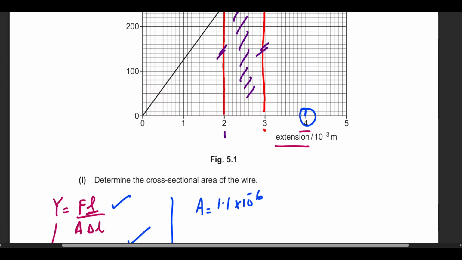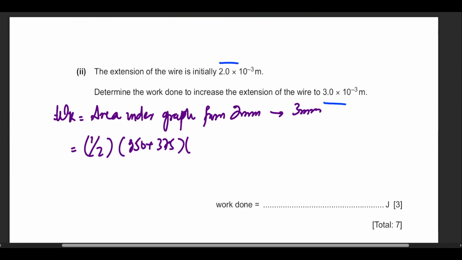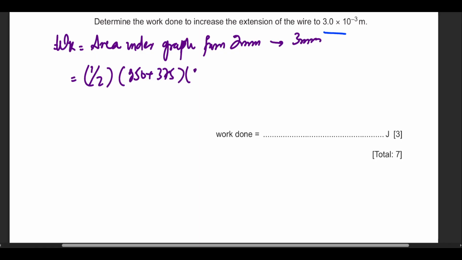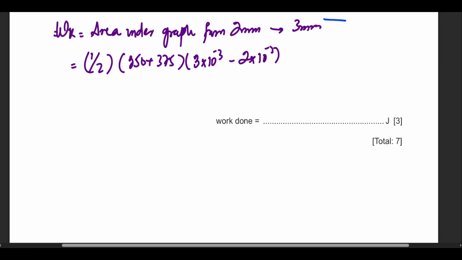The distance between them is 2 to 3. So that will be 3 into 10 raised to the power minus 3 minus 2 into 10 raised to the power minus 3. And this should give you an answer of 0.3125 joules. This will become 0.31.